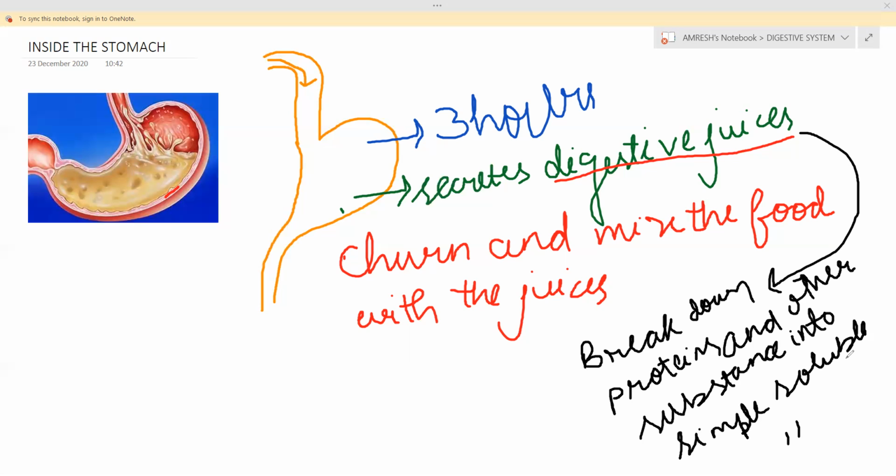Okay, so simple, soluble substance. So if the size of this food particle is this much, then after coming to the stomach and after churning, the food size will be this much. Simpler, small soluble substance. Okay, so note it down.